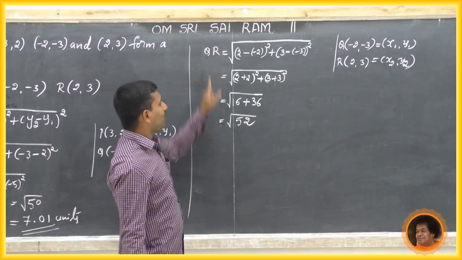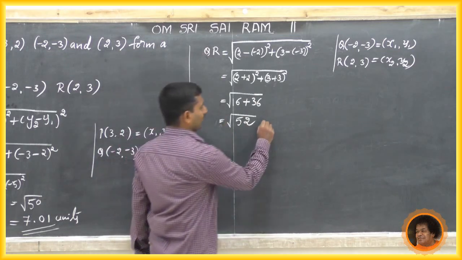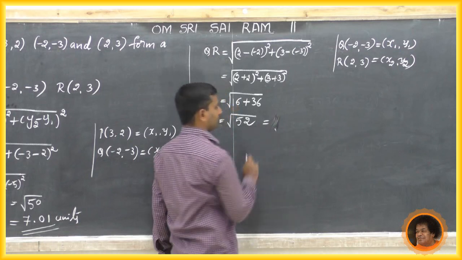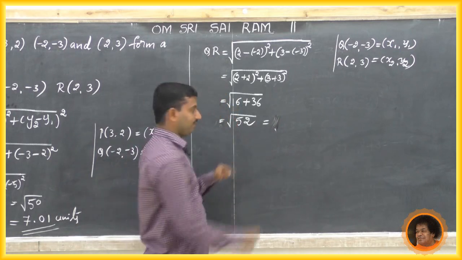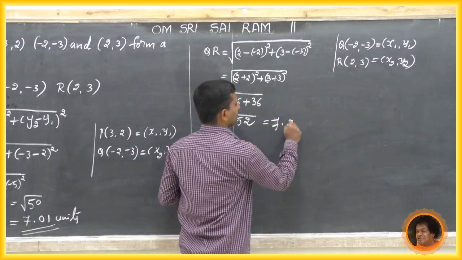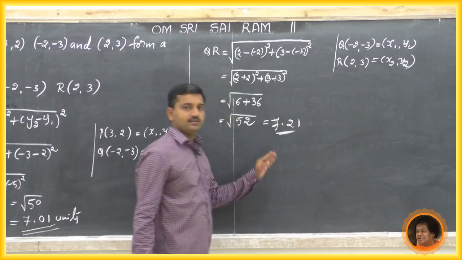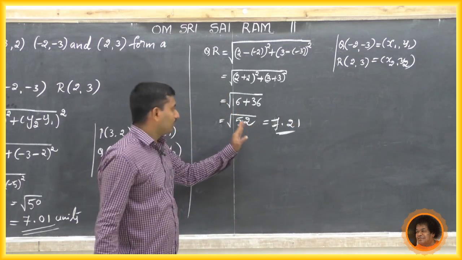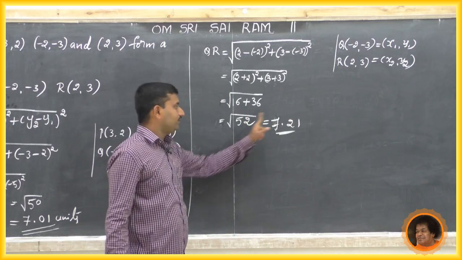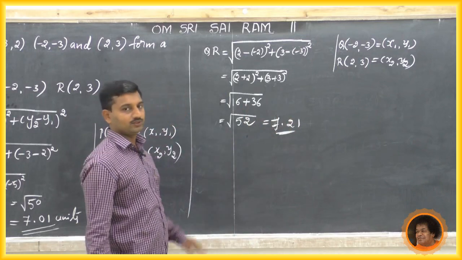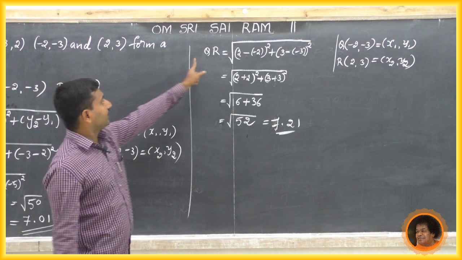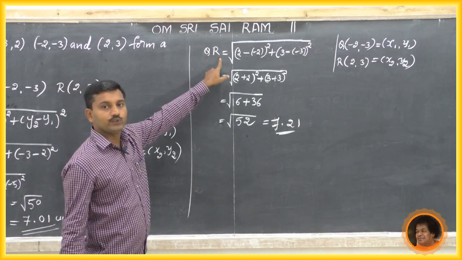So the distance QR is equal to root 52. So what is the approximate value of root 52? The approximate value of root 52 is 7.21 by the division method. So this is the distance between Q and R.